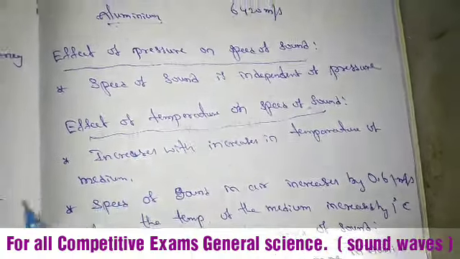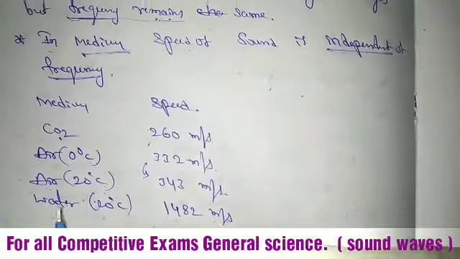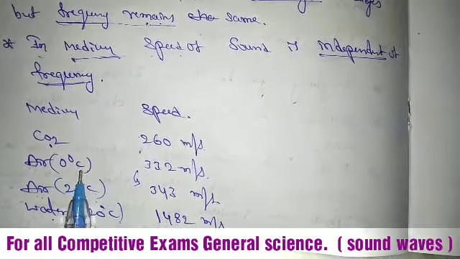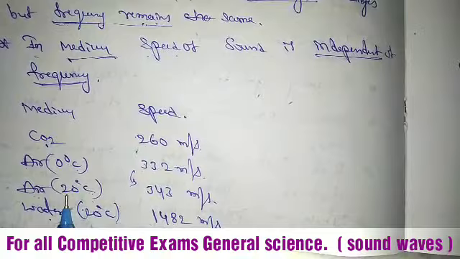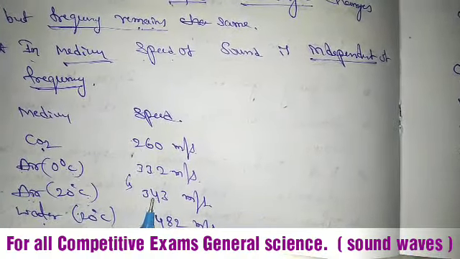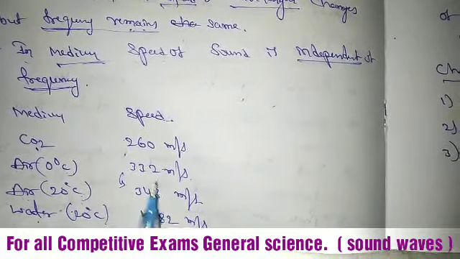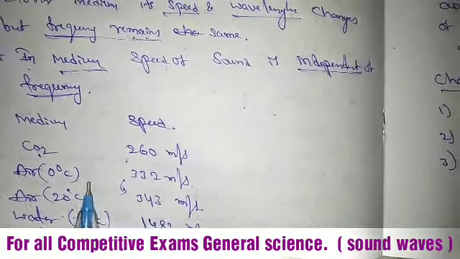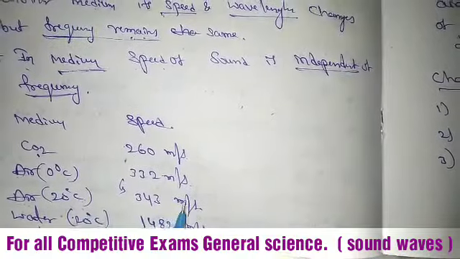I already discussed that in air at 0 degree centigrade the speed is 332. With an increase in temperature by 20 degree centigrade, the speed of sound is 343 meter per second. It shows that an increase in temperature means an increase in speed of sound.